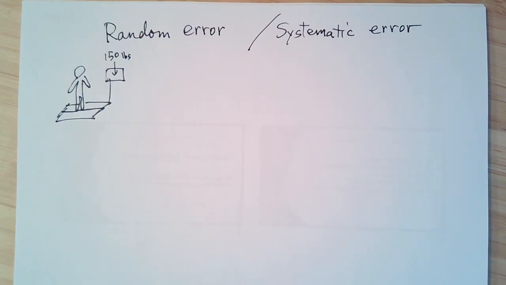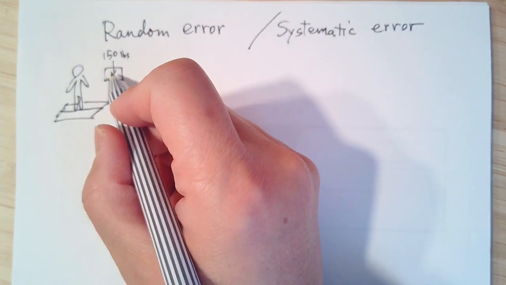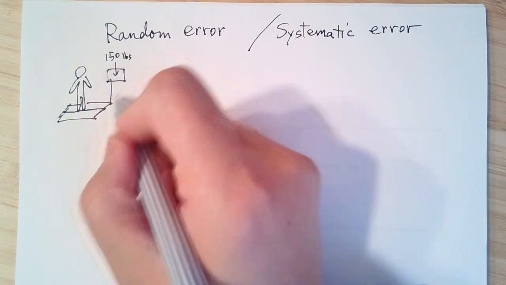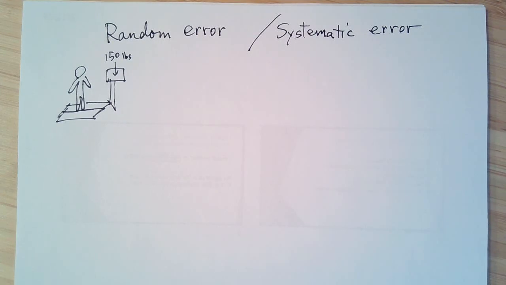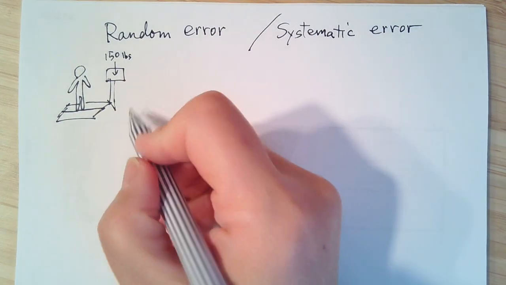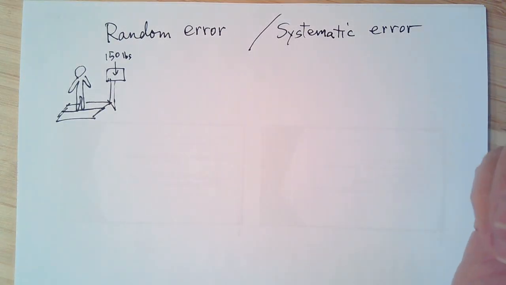If it's sometimes slightly higher, slightly lower, then this is not super accurate, and that might be the random error. Or I might have a different scale, right? You go to each one, and then you might have a random error there.